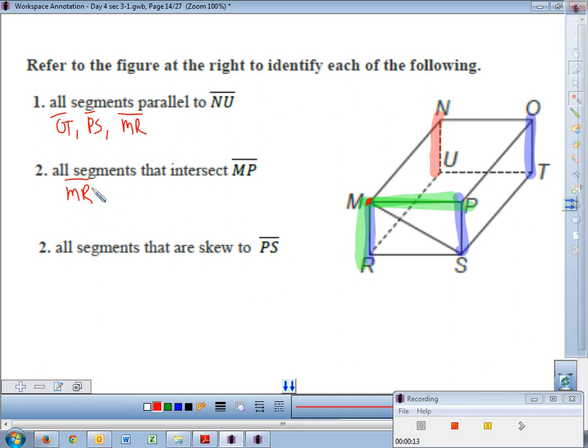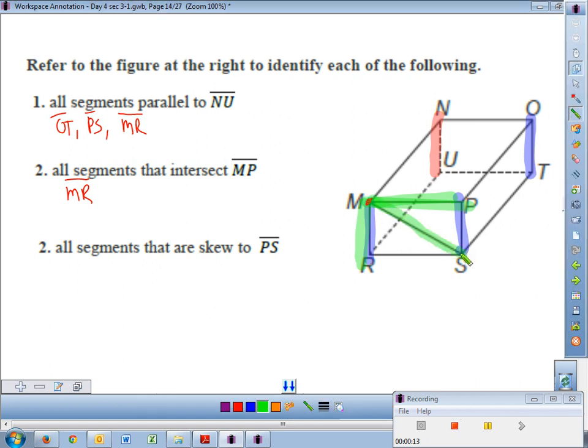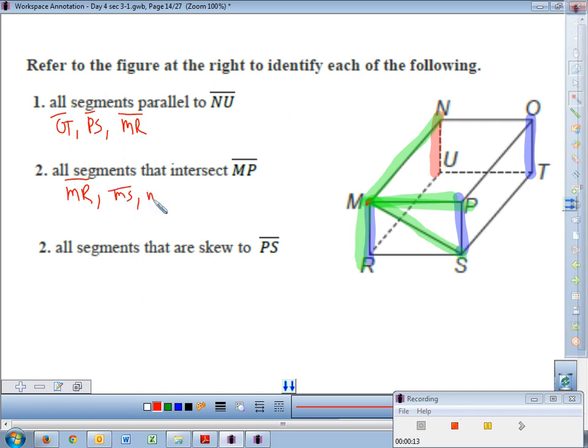So any segment that I could actually highlight that's got M for an endpoint should intersect segment MP because they'd intersect at M. So I think segment MS and segment MN. They all have M for an endpoint, so segment MS and segment MN would be good. Those are all the segments that have M for an endpoint.